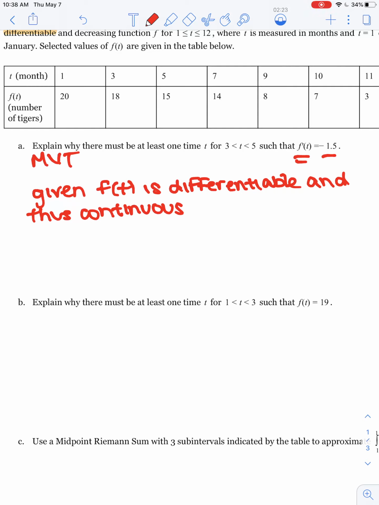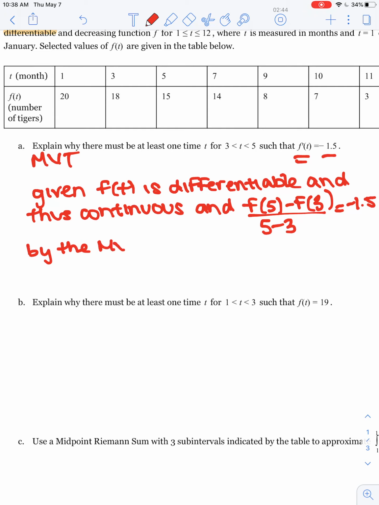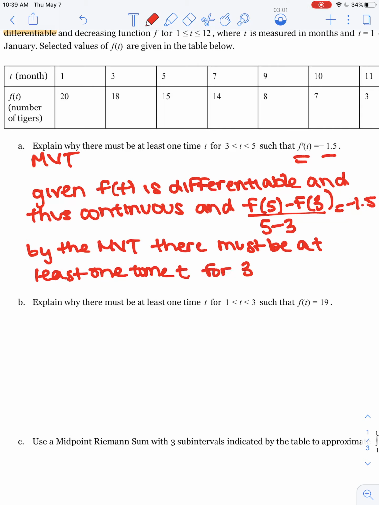So given that f of t is differentiable and thus continuous, and given that f of 5 minus f of 3, divided by 5 minus 3, is equal to negative 1.5, by the mean value theorem, there then must be at least one time t for 3 less than t less than 5 such that f prime of t is equal to negative 1.5.